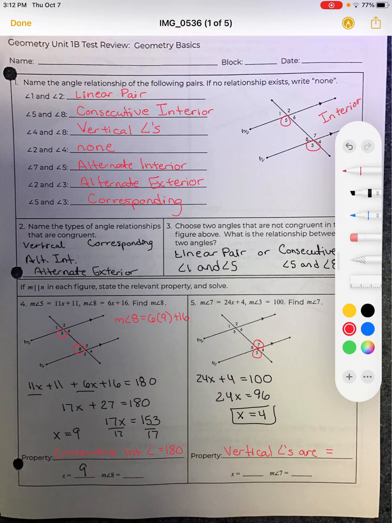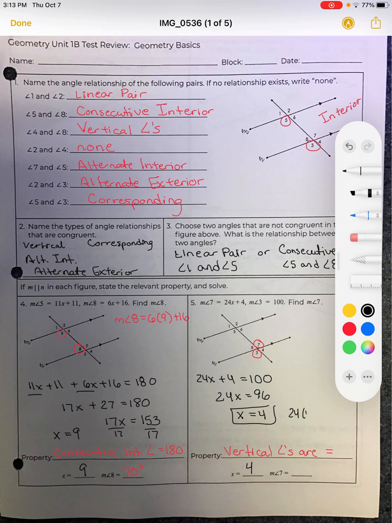We need to go back on that last line over here and put what angle 8 equaled. It was 6 times 9 plus 16. So that 6 times 9 plus 16 is 70. Okay. Alright, over here we found x to equal 4, and this time it says plug it back in for angle 7.